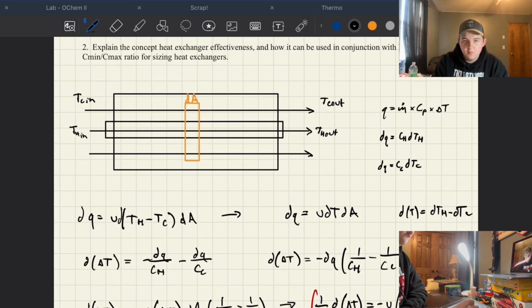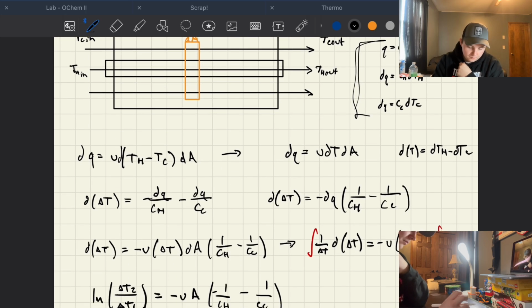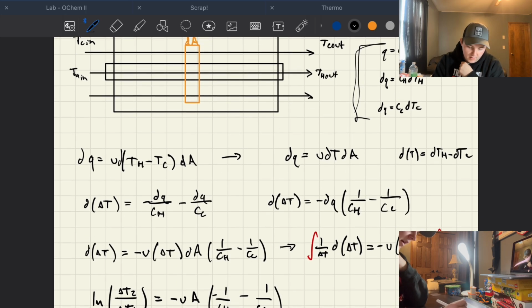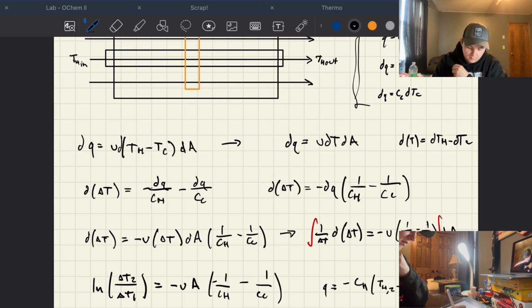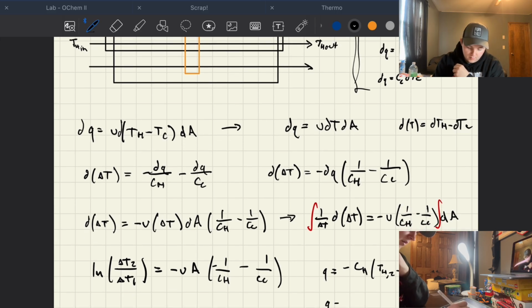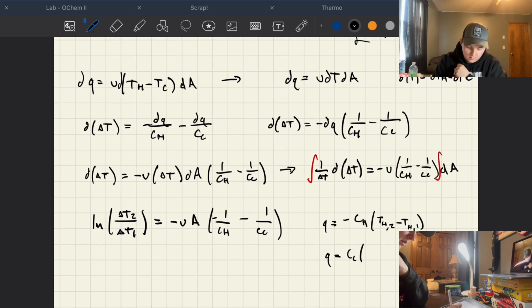Now if we derive our starting expressions from up here, we know that Q is equal to negative CH times dTH, which is TH2 minus TH1. And when we derive the other one, we get Q is equal to CC times dTC, which is TC1 minus TC2.